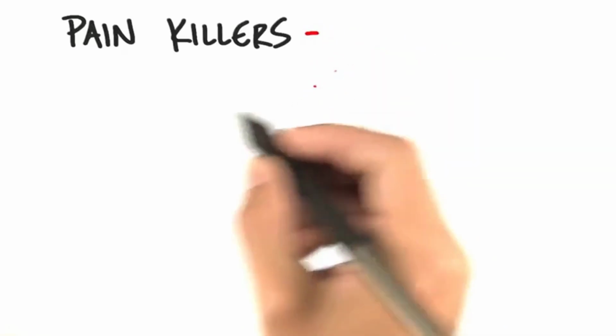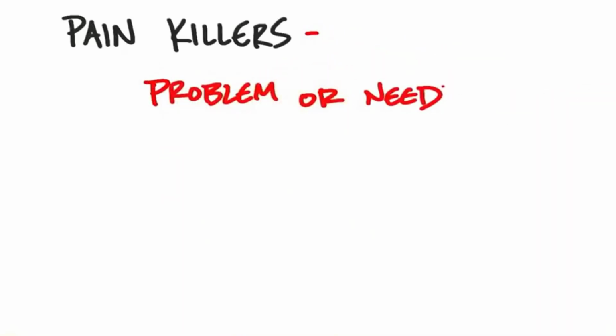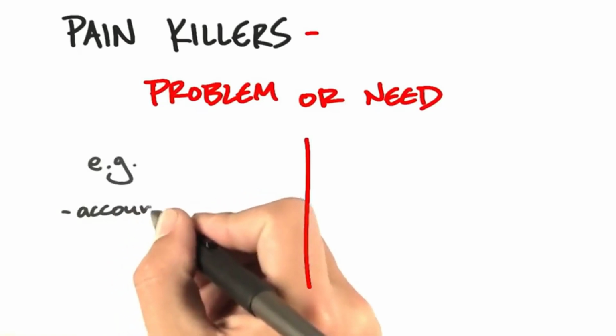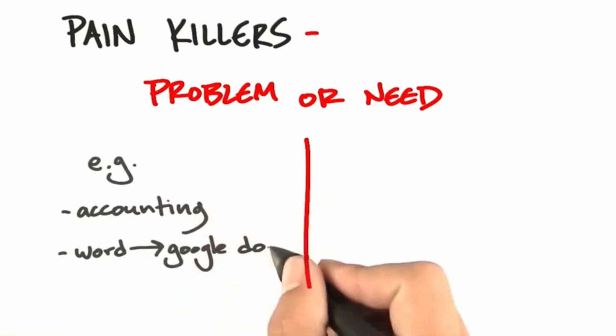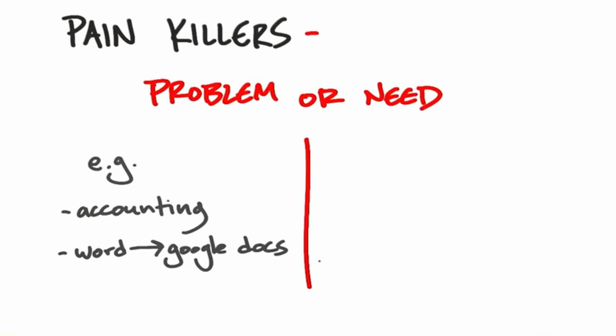By the way, just as an aside, I've been talking about problem or need as part of the product. And I just want you to remember, it's kind of interesting to differentiate between solving a problem, somebody has an accounting problem or a word processor, or they can now use Google Docs versus Microsoft Word, versus a need. What's a need?